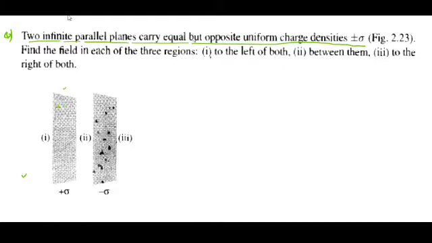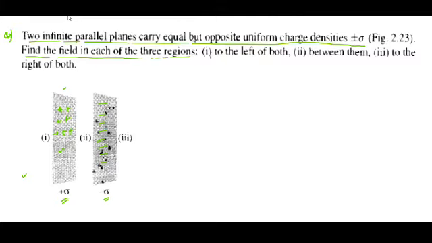It contains positive charges, because plus sigma is given, uniform charge density. And the next is a surface that is negatively charged, having the surface charge density minus sigma. Find the field in each of the three regions.